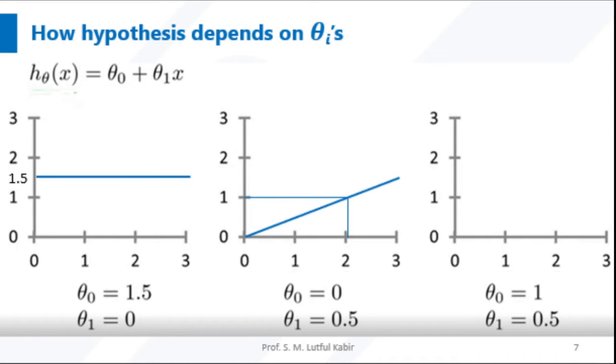If theta 0 equals 0 and theta 1 equals 0.5, then the hypothesis will look like this. And finally, if theta 0 is equal to 1 and theta 1 equals 0.5, then we end up with a hypothesis that looks like this one.